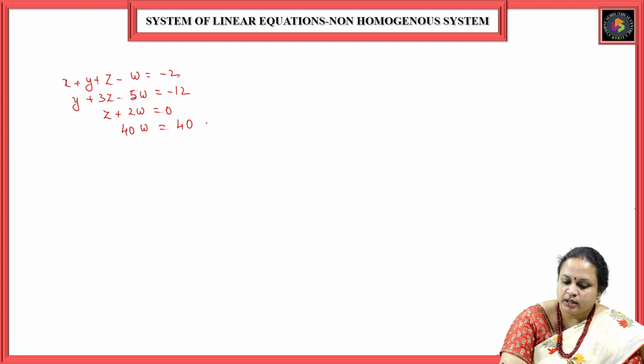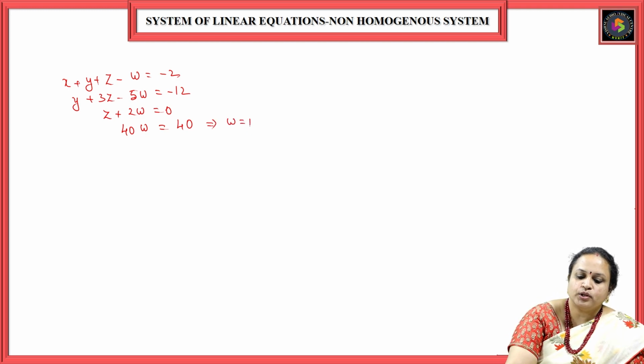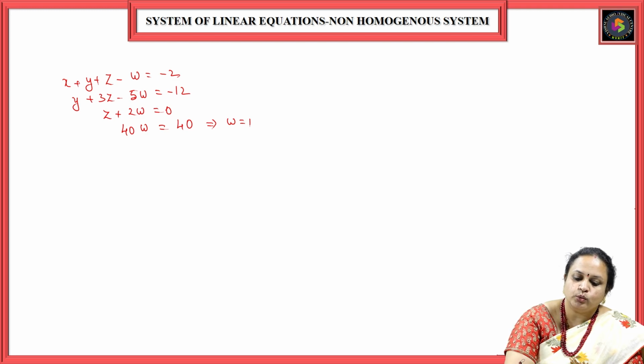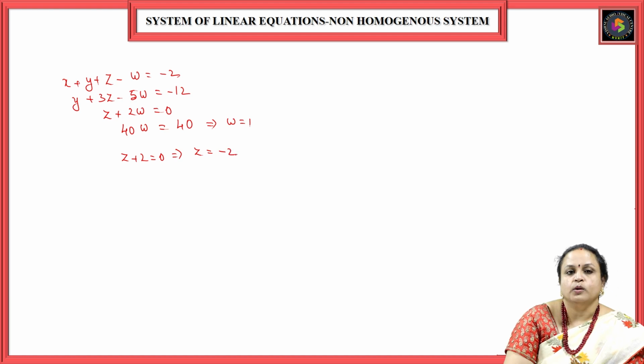So from here we can say W equal to 1. If you substitute this value of W in the previous equation, then what you will get? Z plus 2 equal to 0, or Z equal to minus 2. Now substitute the values of W and Z in the second equation.